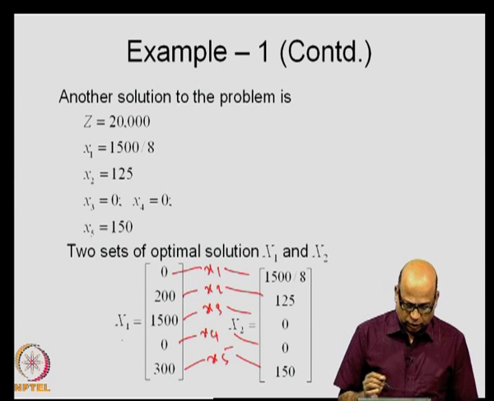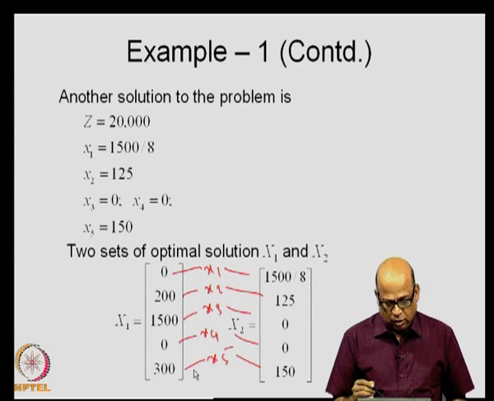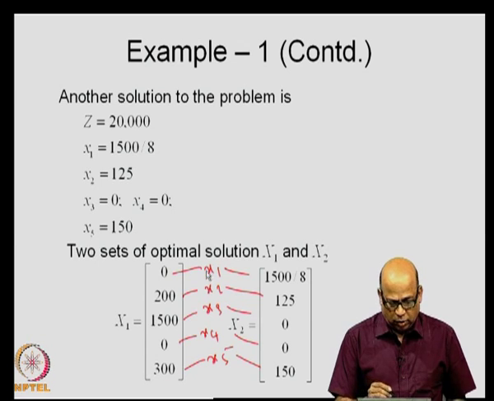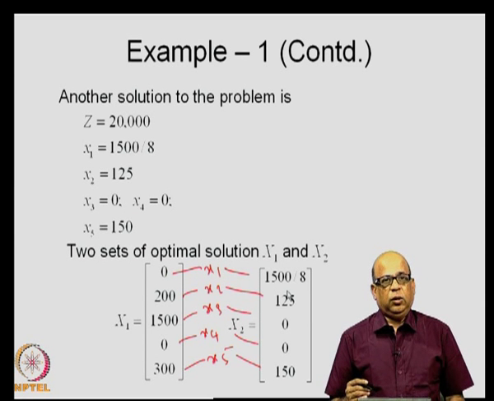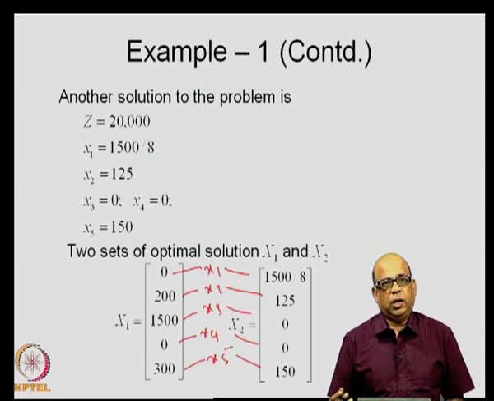So, these are the two sets of solutions that you obtained. We will call them as X1 and X2, they are vectors now. Now, from these two solutions, you must be able to generate infinitely many solutions. How do we do that?